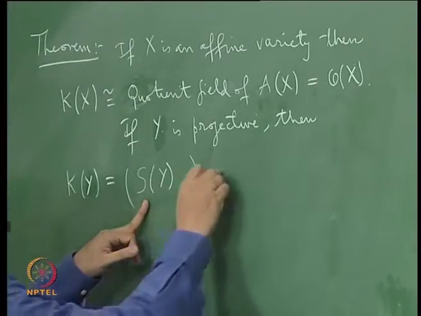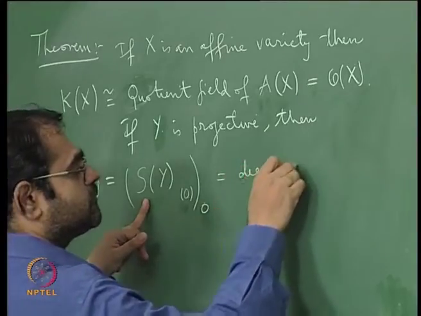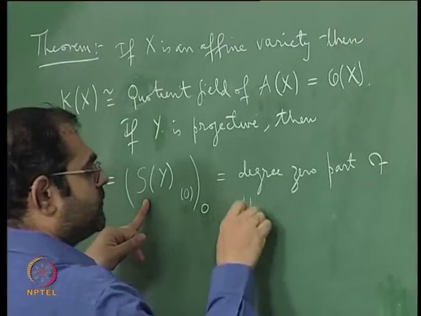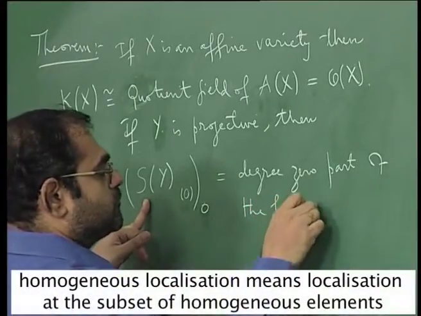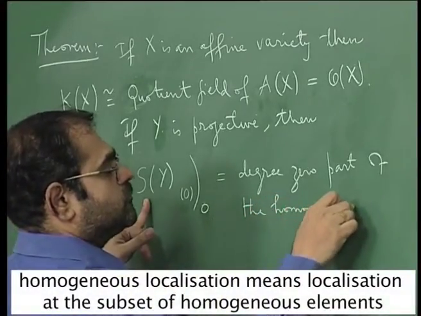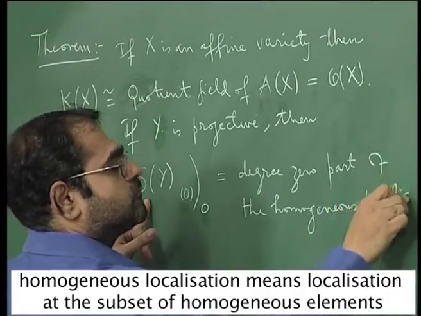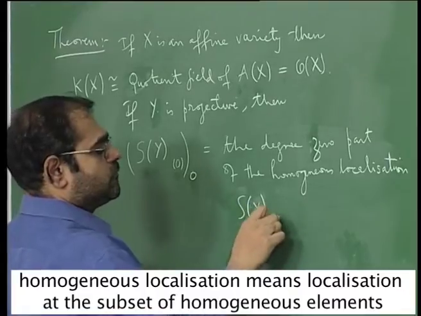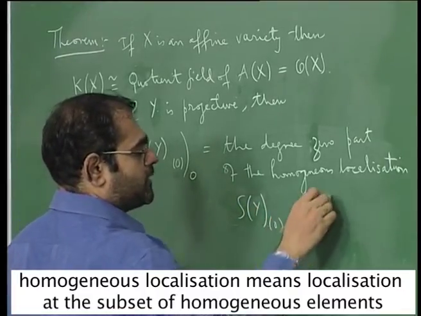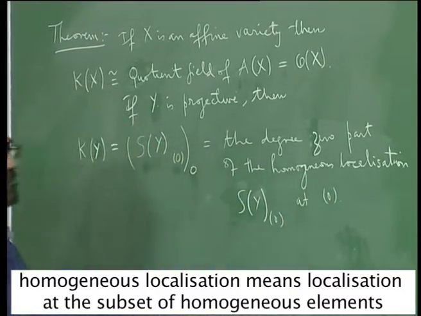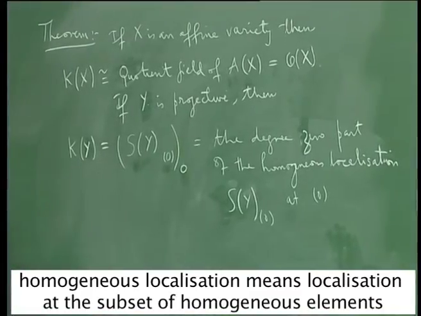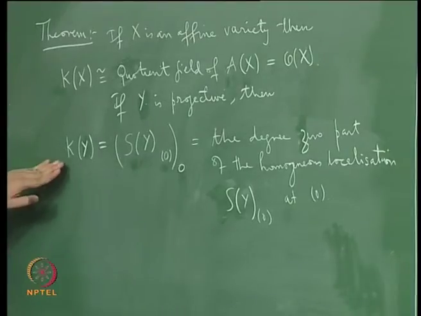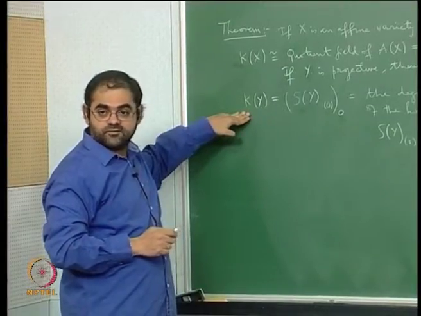So this is the degree 0 part of the homogeneous localization Sy at 0. Here is the formula for the function field of an affine variety and a nice formula for the function field of a projective variety.